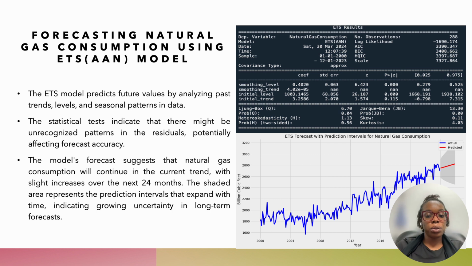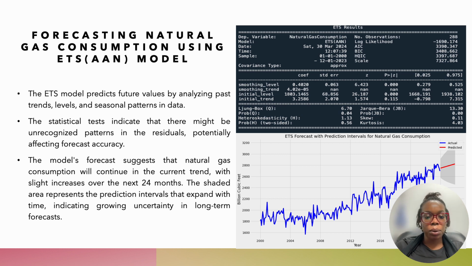It also shows from the graph that there will be a steady growth over the next 2 years, and the shaded area represents the prediction intervals that expand with time, indicating growing uncertainty in long-term forecasts.